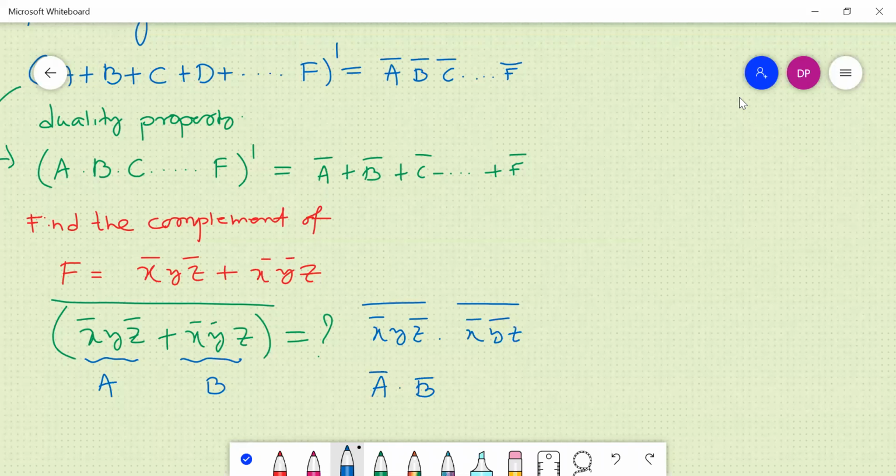So what you will get if you solve this? This is A dot B dot C complement. What will we get? A complement plus B complement plus C complement. Right? So this is A dot B dot C complement. What we can write?